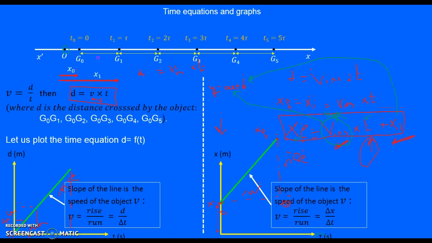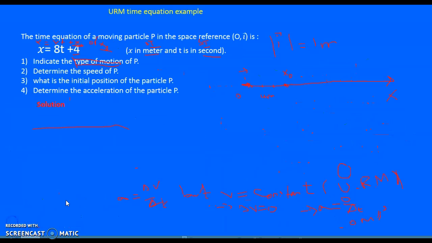So now, direct application on the time equation obtained. The time equation of a moving particle p in a space reference (O, i vector) is given. So this is the origin and this is the unit vector.